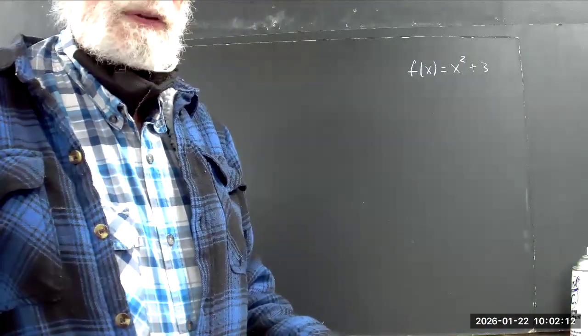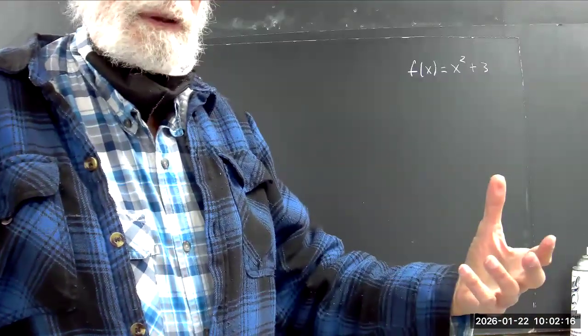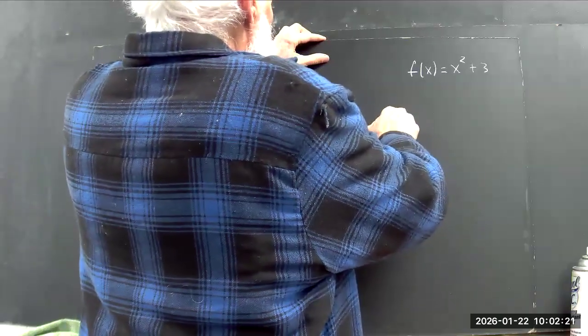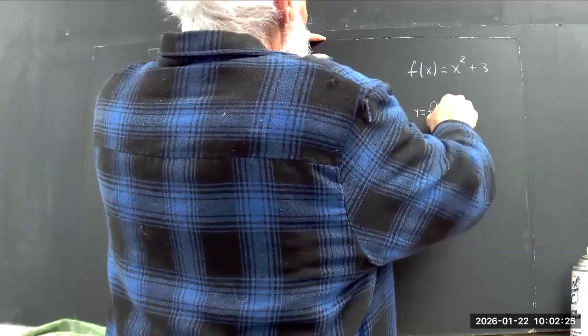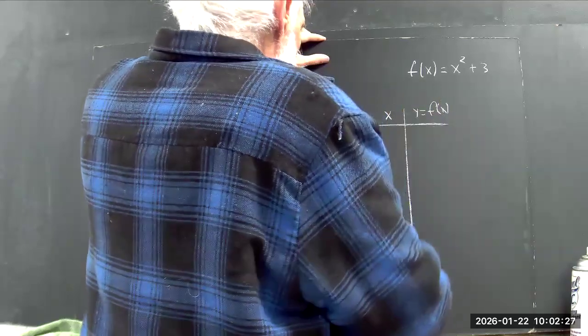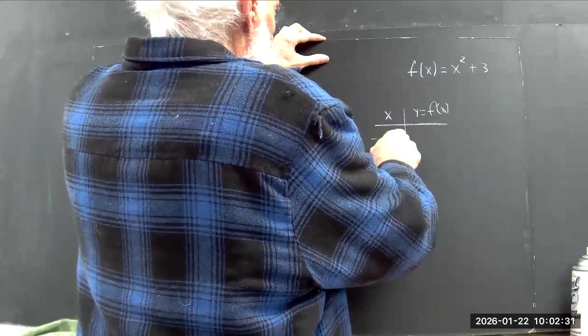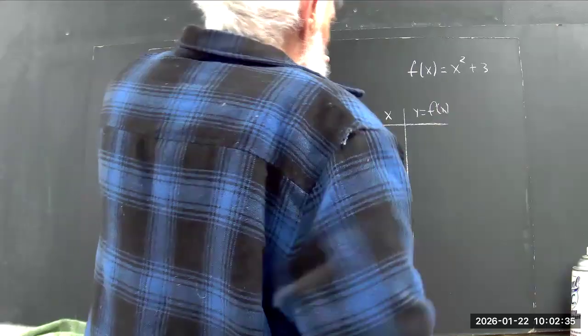I think we did some of this last time where you replace x in the definition with numbers, right? So we're going to make a table. And we're going to use numbers for x like -2, -1, 0, 1.